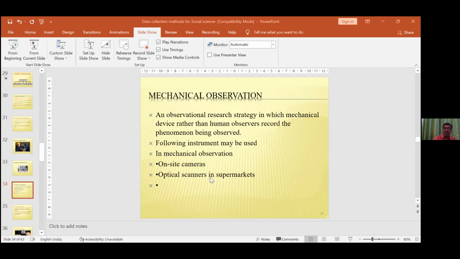At the end of the day, they collect data: how many customers visited the department store, how many customers focused their attention on product X, on product Y, and which product attracted more.